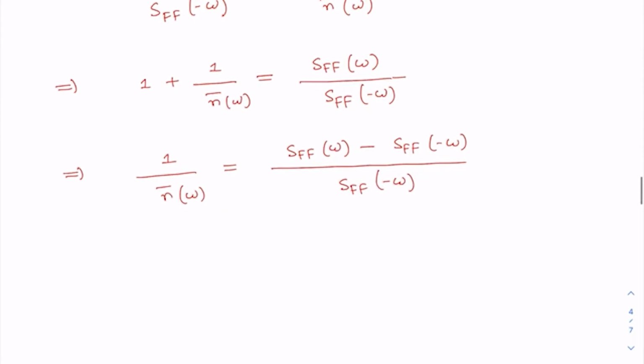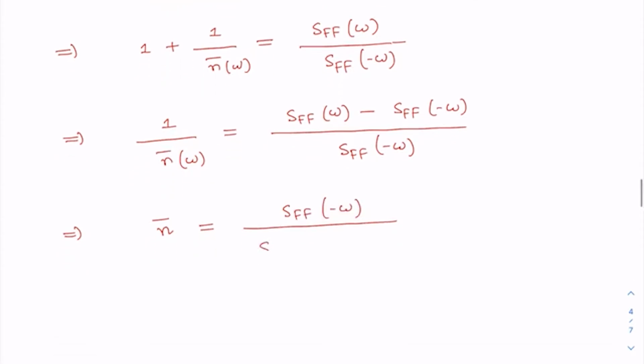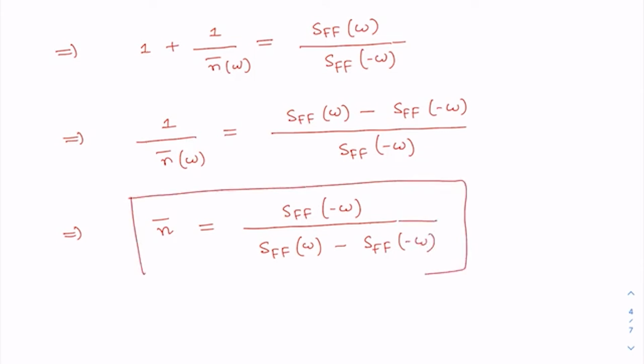Okay, so from here I can work out the average number of phonons in terms of the spectral noise density function as SFF evaluated at minus omega divided by SFF at omega minus SFF at minus omega. So this is what I obtain.